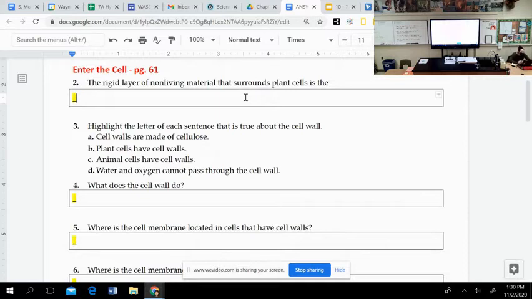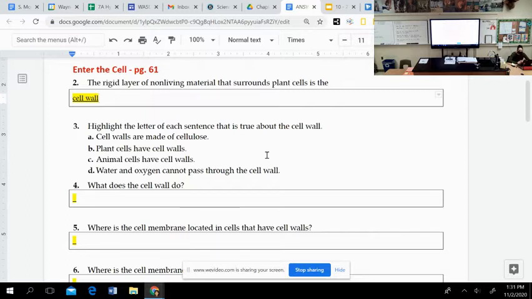Okay, then question 2, you move on to the next section in your guided reading notes. The rigid layer of non-living material that surrounds plant cells is what? Cell wall. The cell wall. Okay. Then in the same section, question 3, you needed to highlight the letter of each sentence that is true about the cell wall. So which statements are true?